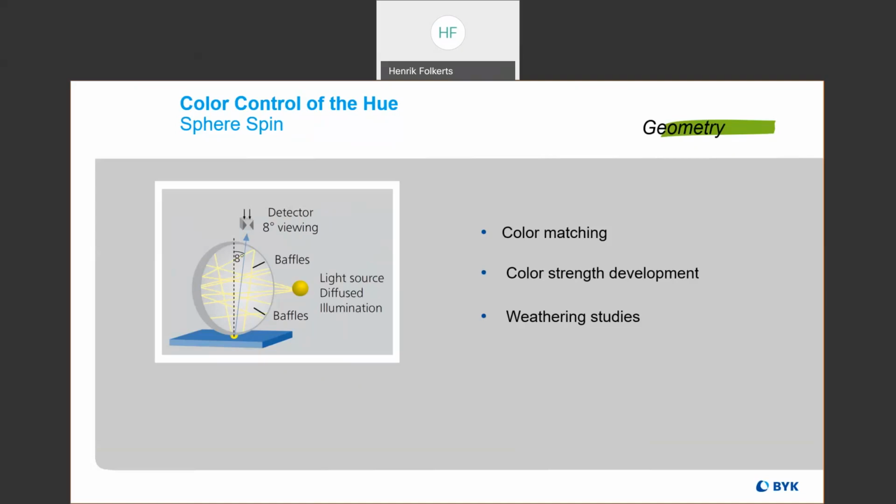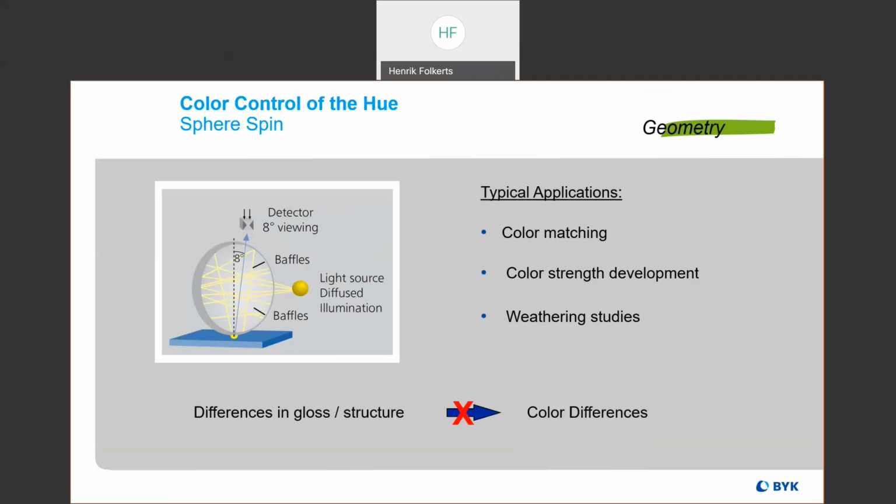So these sphere instruments are also commonly referred to as D8, D for diffuse light source, 8 for the 8-degree angle of the detector. So the diffused light source rather than a directional light source, and this means that differences in gloss and structure do not lead to measured color differences.